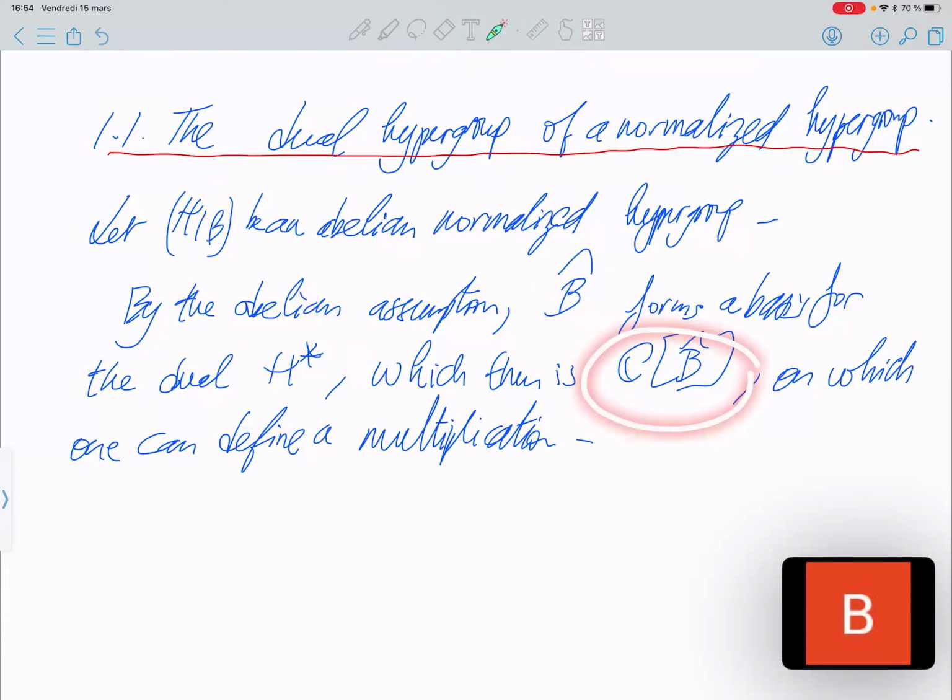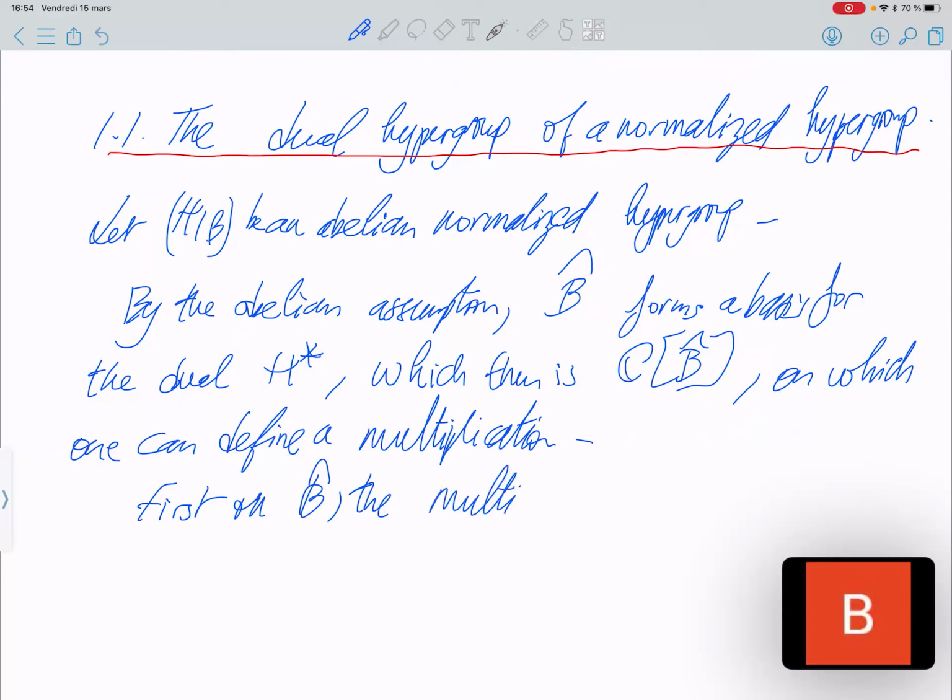So now we will define an algebra structure. Okay, so first, on B hat, the multiplication is as follows.